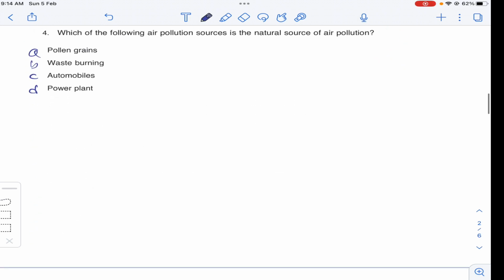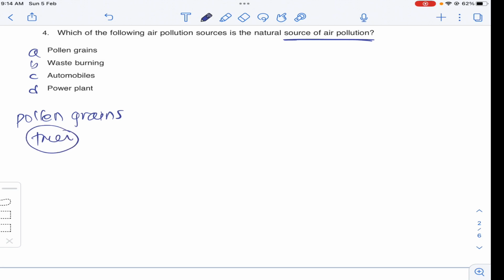Coming to question number 4, which of the following air pollution sources is the natural source of air pollution? So that is pollen grains. Pollen grains are very minute particles that get mixed in the atmosphere by trees. It is a natural process.